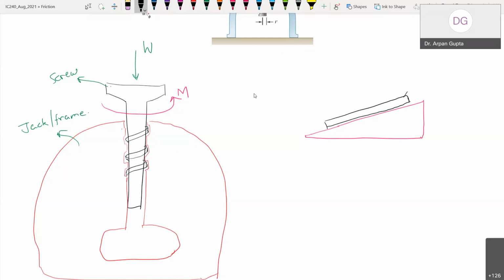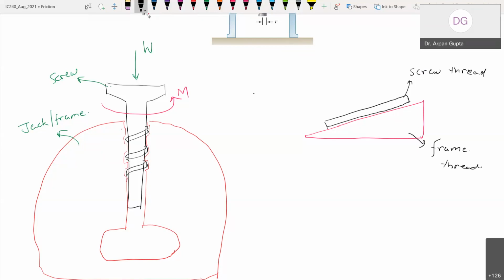So this is the screw thread, and this is the frame thread. There is a relative motion between these two threads as we apply moment M, and this weight is slowly lifted up. It is just in equilibrium and moving very slowly.